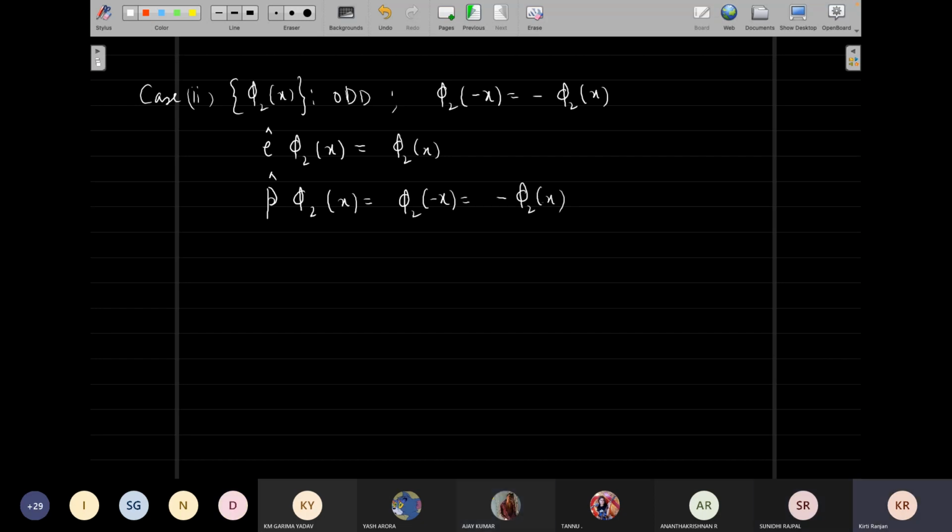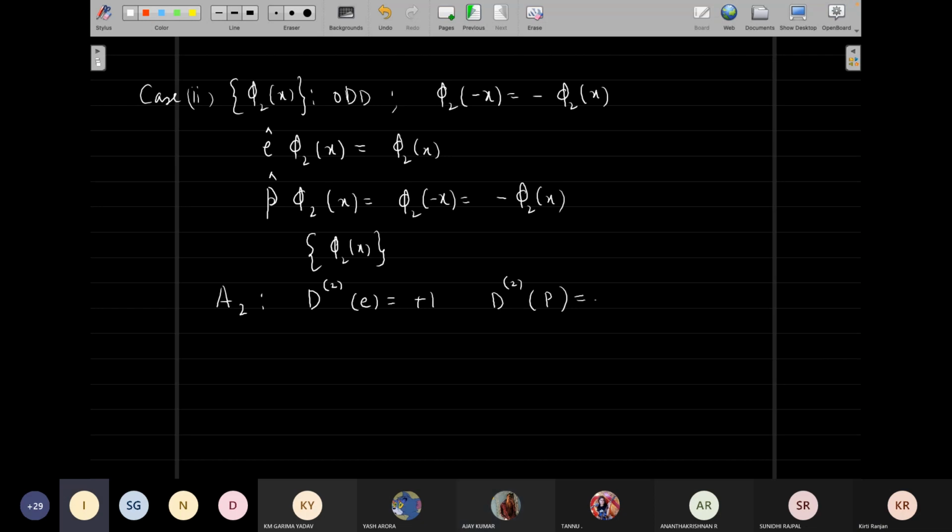Aha, so we are now talking about the space of odd functions, and this has given us another representation. Let's look into it. I call it D2, and in this representation D2(E) is equal to the eigenvalue of the E operator, plus 1. And what about the eigenvalue of the P operator?